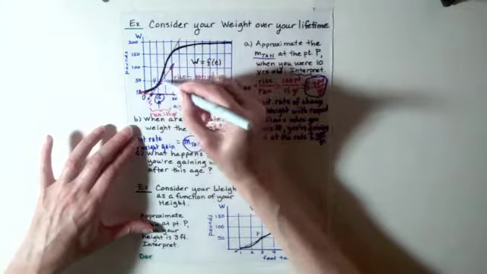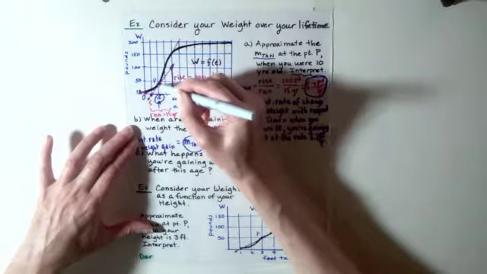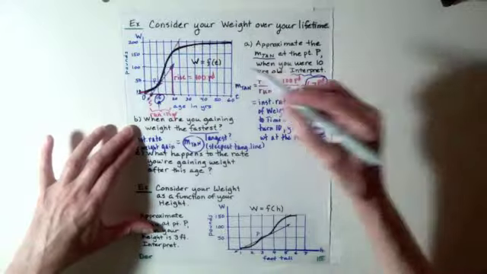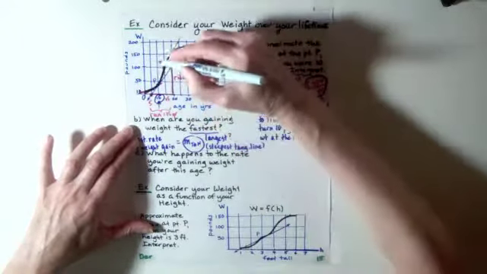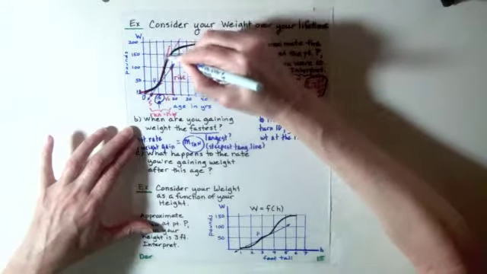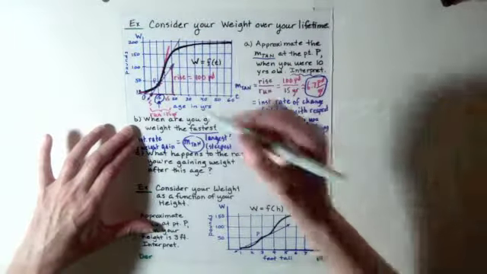Here was the purple line that was the tangent line to the curve when you were 10, and we found that the slope of that turned out to be 6.7. When you get to be 15, you have another tangent line to the curve, and that one looks pretty darn steep to me. That looks fairly steep.